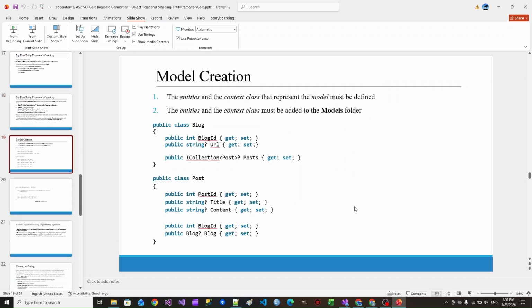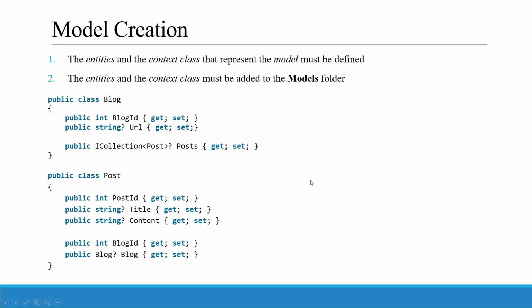The first step to provide the support for CRUD operations using Entity Framework is to define the model. That is, the entities and the context class that represent the model must be defined. These entities and the context class must be added to the models folder. Let's suppose that we want to build an application for blogging. It's a simple application where we have 2 entities: entity blog and entity post.